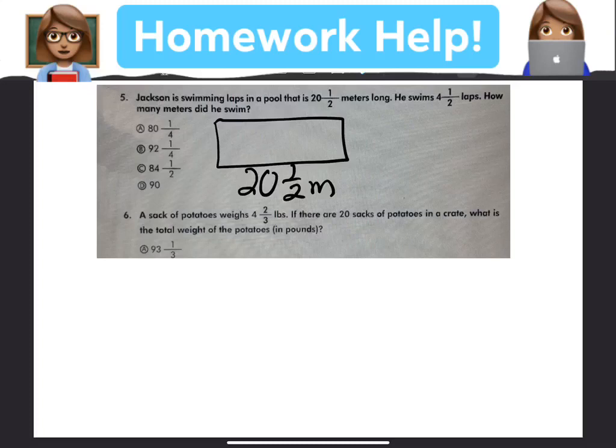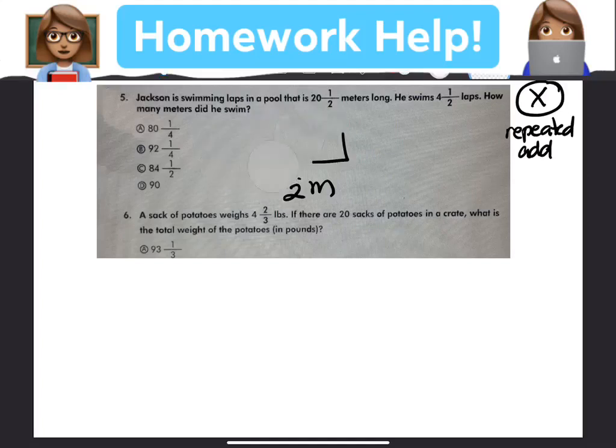So I could think of this as 20.5 plus 20.5 plus 20.5, or I can think of it as repeated addition, which means you're going to automatically think of multiplication. Any time you're repeating the same number again and again, we're just going to multiply them.